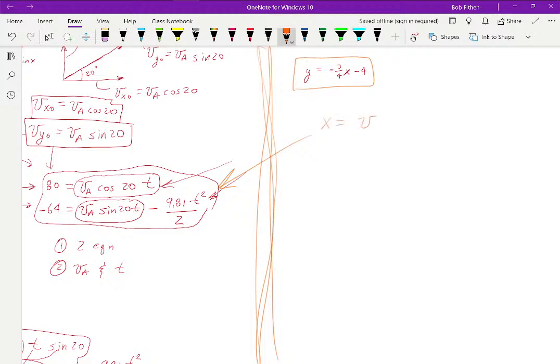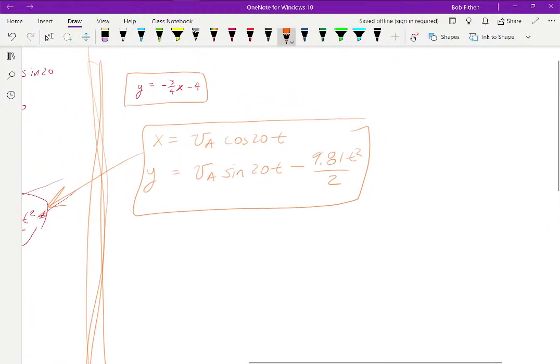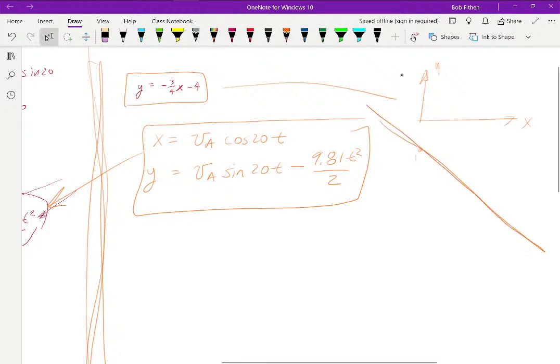X is equal to VA cosine of 20 degrees T. Y is equal to VA sine of 20 degrees T minus 9.81 T squared over 2. If you look at these two, what you'll see is this equation is simply that line.